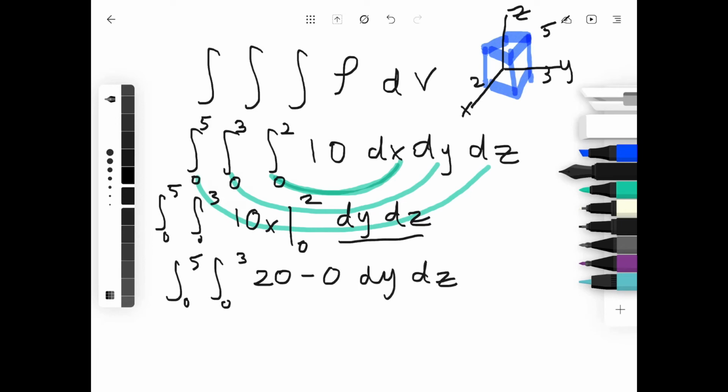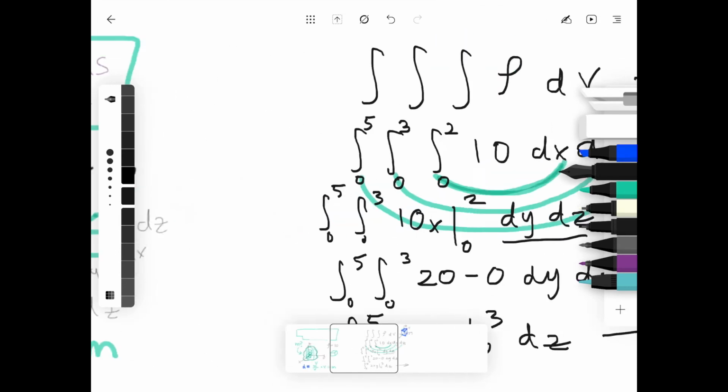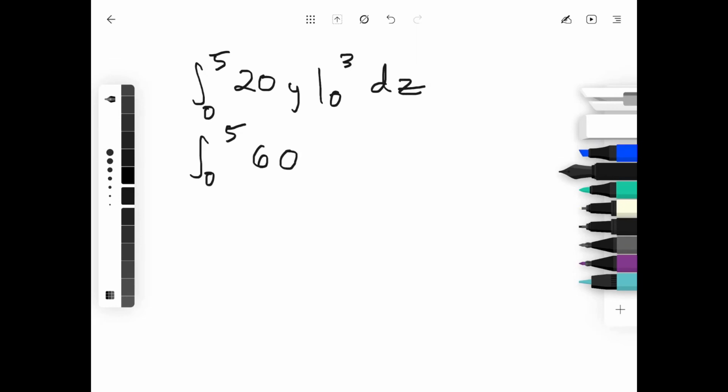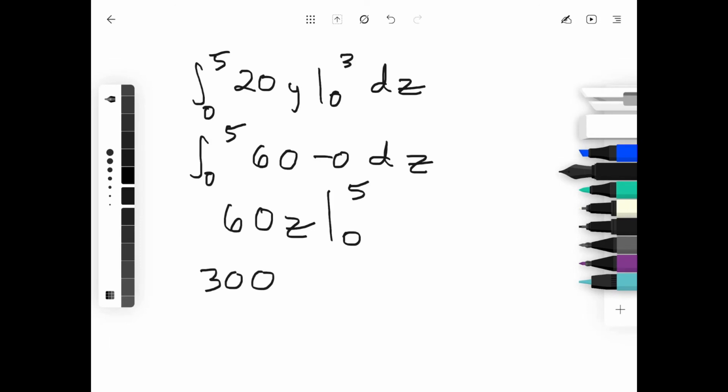And I'm going to go a little bit faster here. Which gives 300.